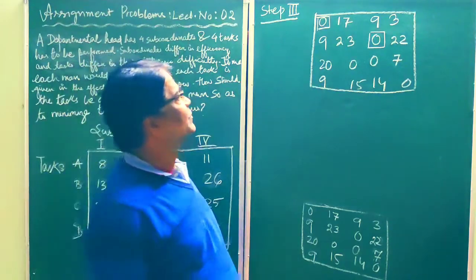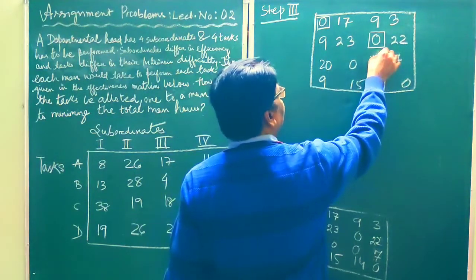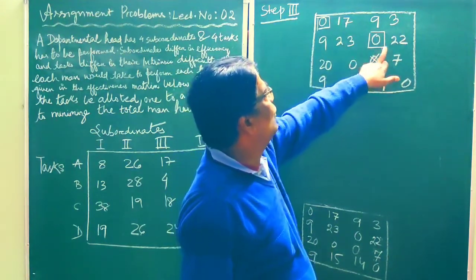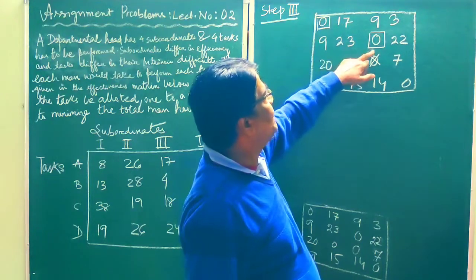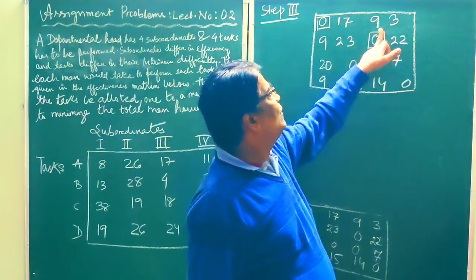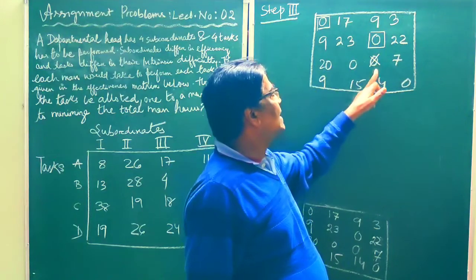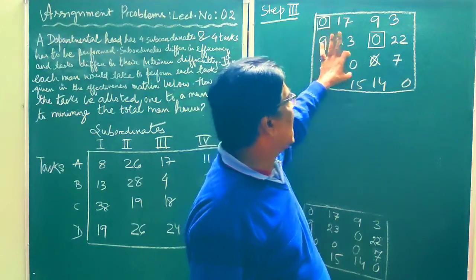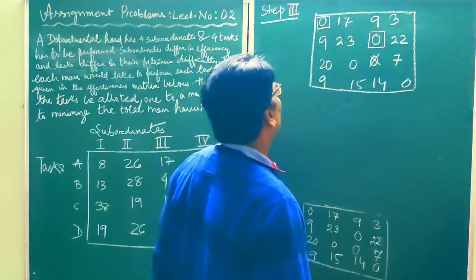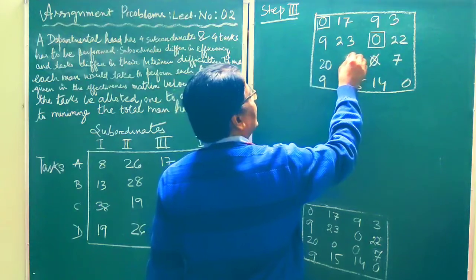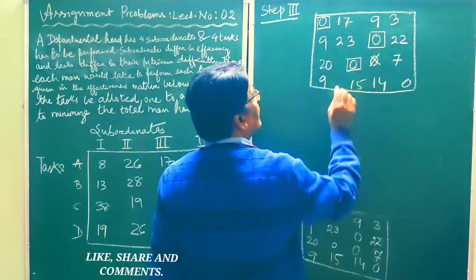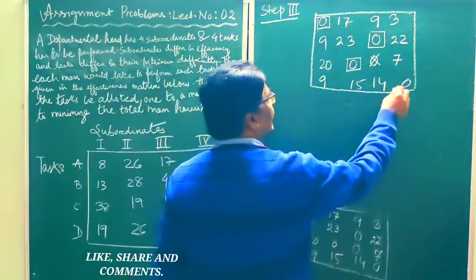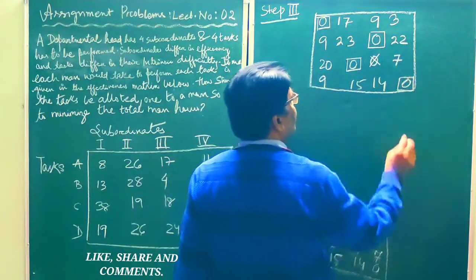So immediately we have to cross the other zero in the third column, because in the second row we are having a single zero and we have made the assignment. Now in the third row, we are having a single 0, so we can have an assignment here. Now in the fourth row, we are having a single 0 assignment.